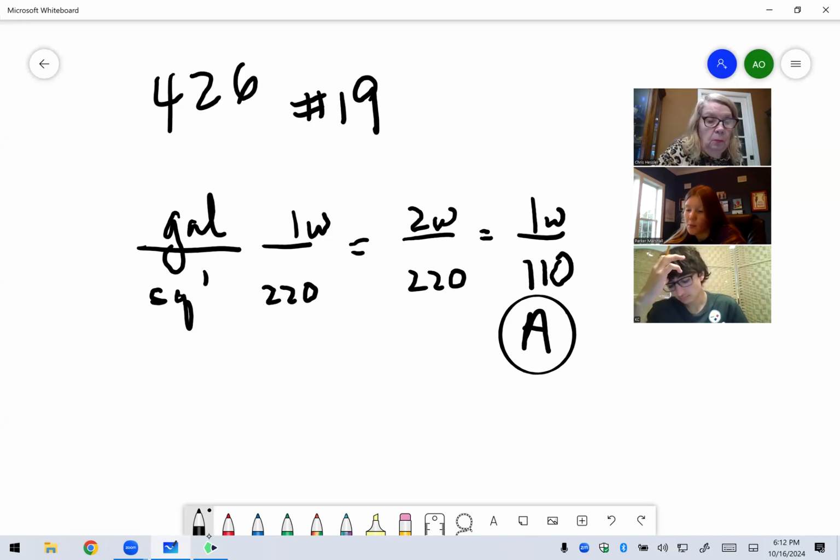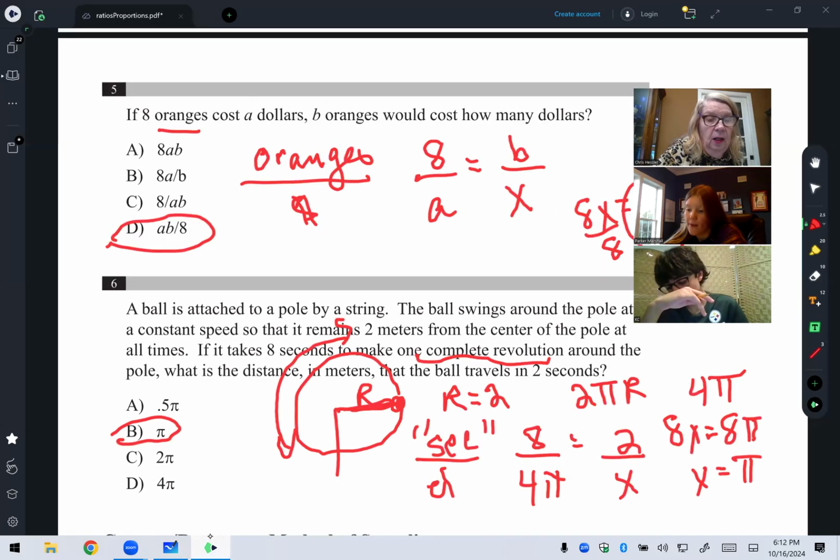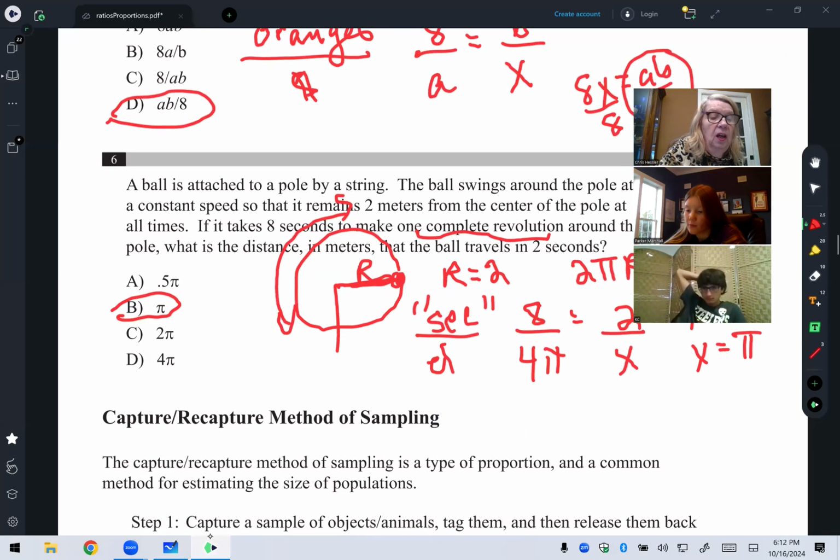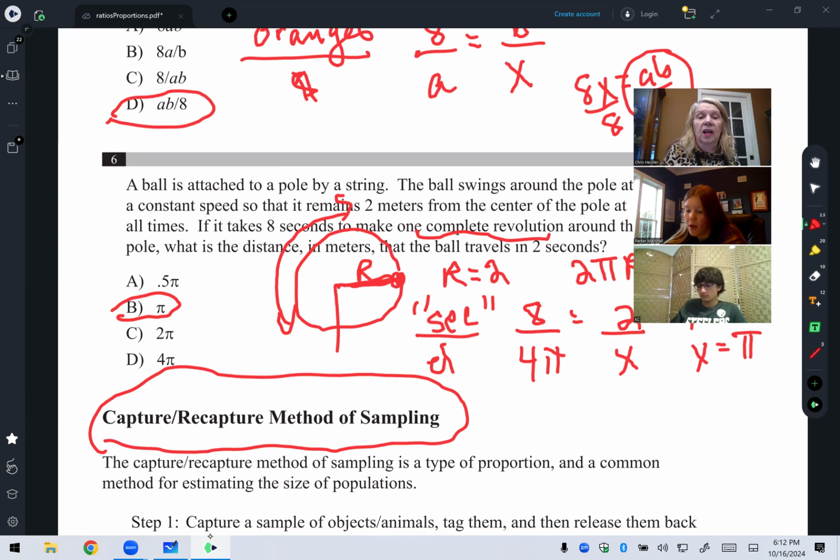Okay, so let's go back to the packet. If you've taken any environmental science class, this is how they figure out the deer population or the number of fish in a lake. They take out a little sample.